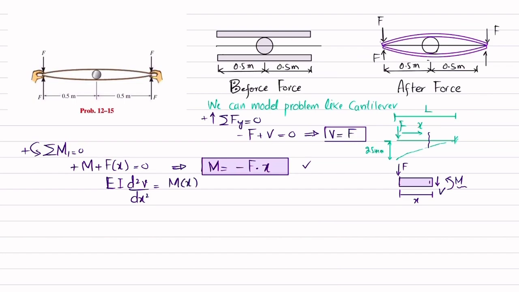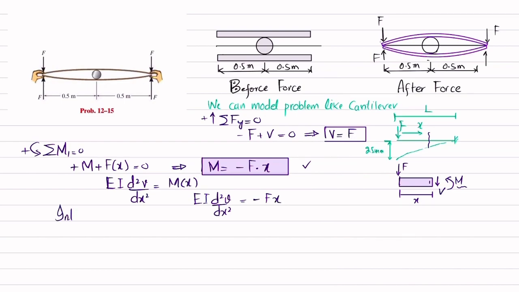So put the value of the moment in this equation, and you will get EI into d square v over dx square equal to minus F into x.